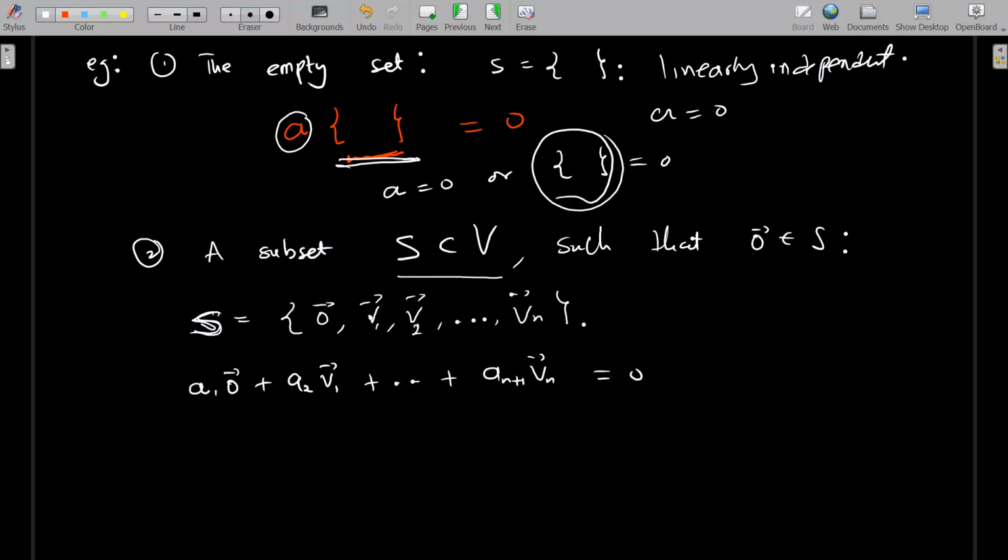Now if you look at it very carefully, we can choose a2 all the way to a sub n+1 to be all zeros. But no matter the value of a1 we pick, a1 can be non-zero. If you pick a1 not to be 0, then a1 times the 0 vector is still 0. So whatever you add, if you choose a2 all the way to a sub n+1 to be 0, everything here will give you 0.